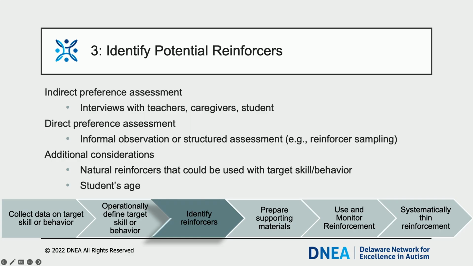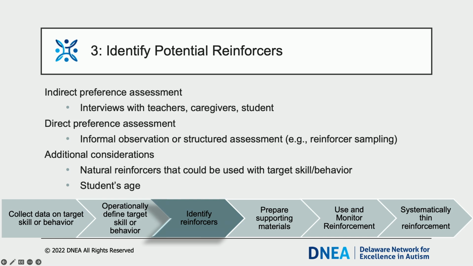Indirect ways to identify potential reinforcers also include asking the individual about their preferences or what they would like to work for. It can be helpful to observe or ask the family or a previous teacher what has been used successfully in the past.